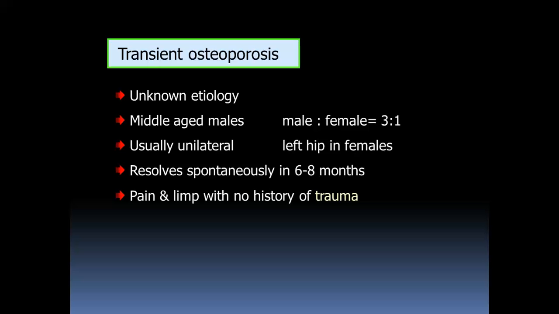Transient osteoporosis is something of unknown etiology. Male is affected, usually unilateral. It resolves spontaneously in 6 months, and it will present with pain but no history of trauma.